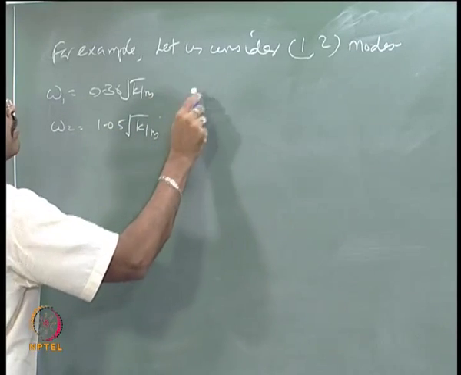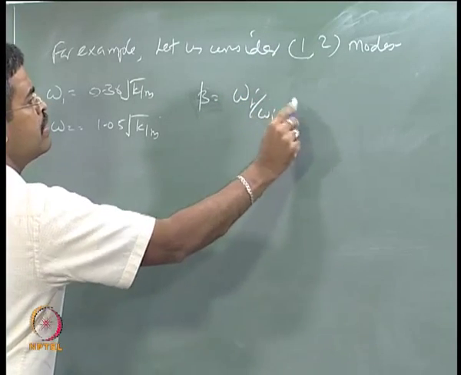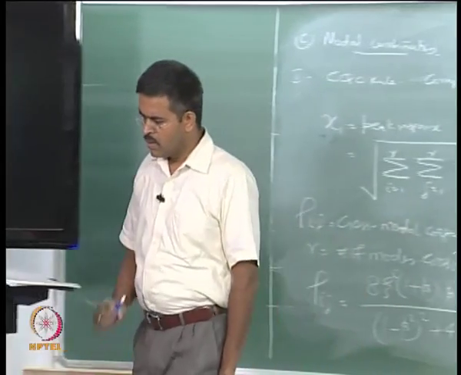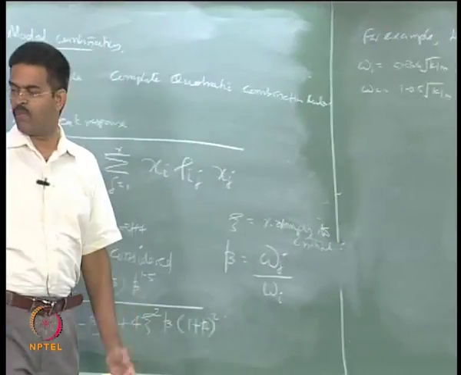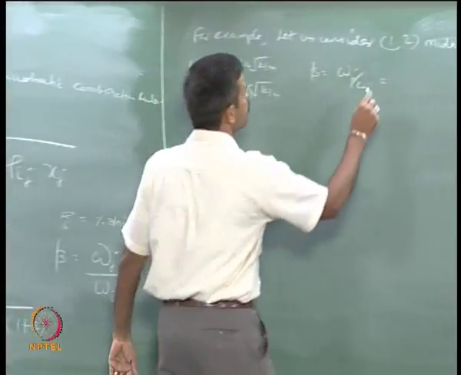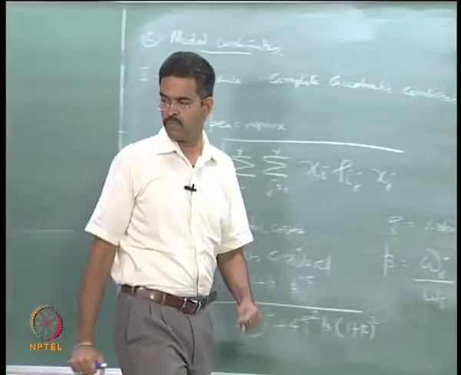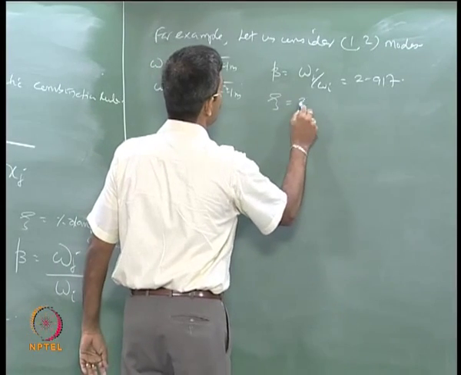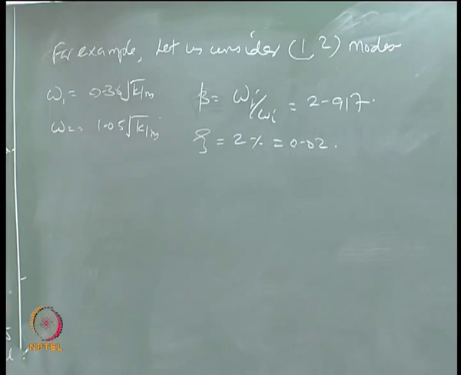And omega beta, which is omega j by omega i for rho ij, is nothing but 1.05 by 0.36, which will give me the value as 2.917. Okay. Is that okay? And of course I take zeta in my problem as 2%, which is 0.02 in my calculation.